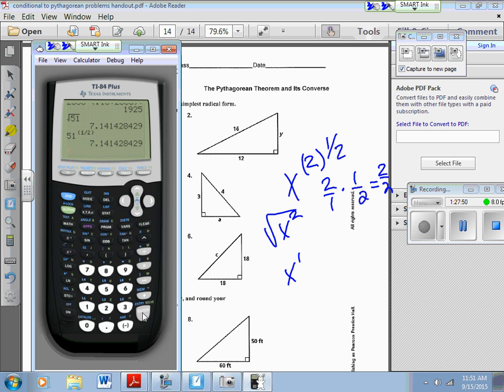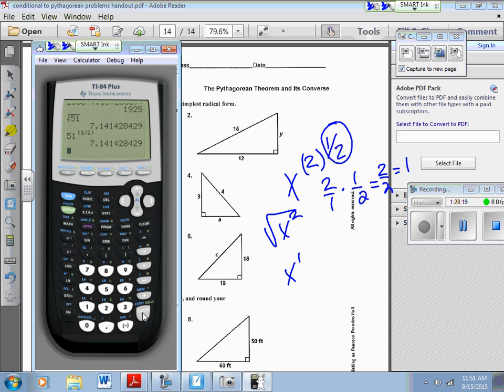Okay? So really, doing the square root of something is the same as raising it to the 1/2 power. Squaring something is raising it to the second power, right? If I multiply those two together, do you notice they simplify to give you a 1? 2 times 1 over 2 is the same as 2 over 1 times 1 over 2, which is 2 over 2. 2 over 2 simplifies to 1.